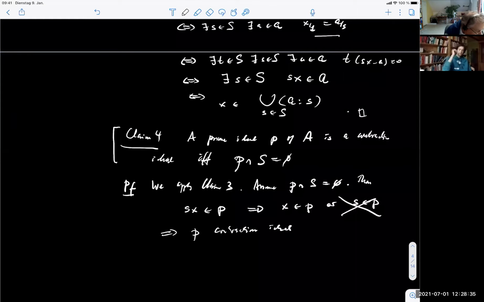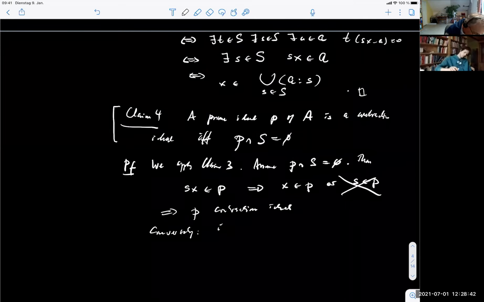Okay, I use claim 3. And conversely, let's also say that more clearly, because before it was not very clear. If P intersects S, then if I go to the extension ideal, I get everything. This is by claim 2.